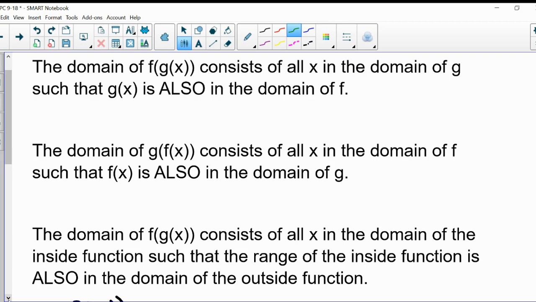So if you substitute something in from the domain of the inside, and it gives you a range value that is able to be in the domain of the outside function, that value is okay. But if it doesn't give you something that is now in the domain of the outside function, that now has to be eliminated from the domain of the composite function.